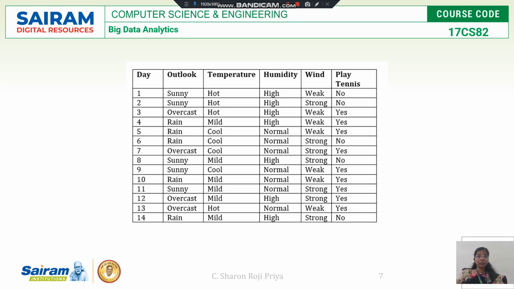Next categorical value is overcast. 1, 2, 3, 4. 4 overcast are there. And check how many out of this 4 are positive overcast and how many are negative overcast. So check the class label. Overcast, yes. Overcast, yes. Overcast, third, yes. Overcast, fourth, yes.